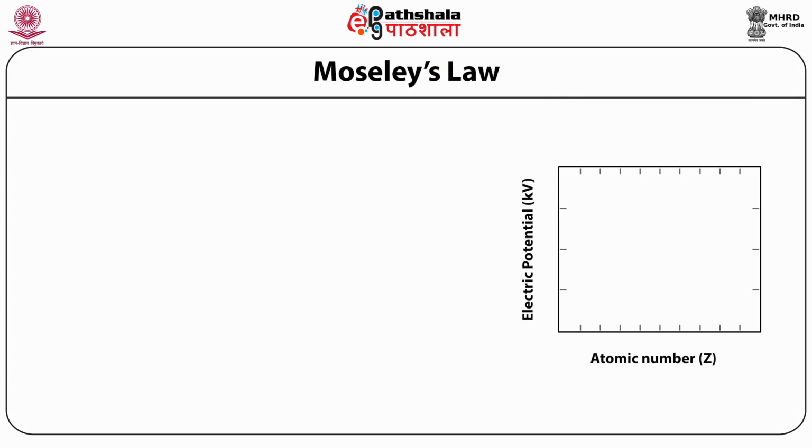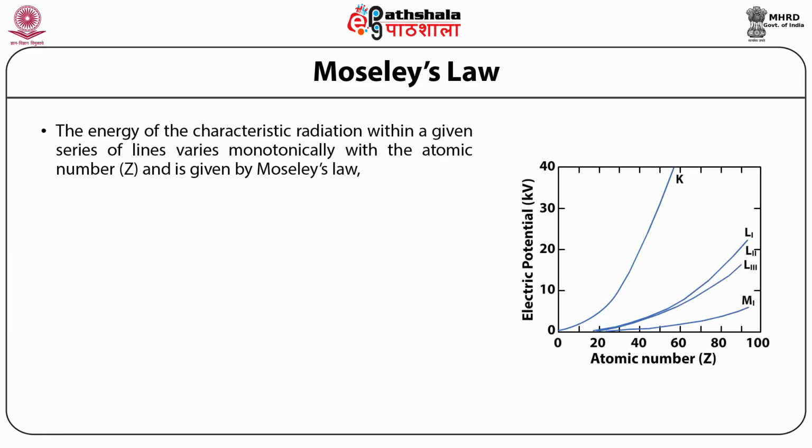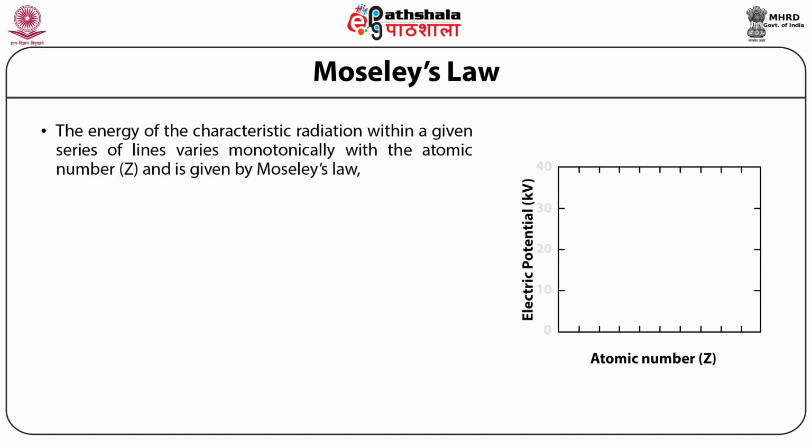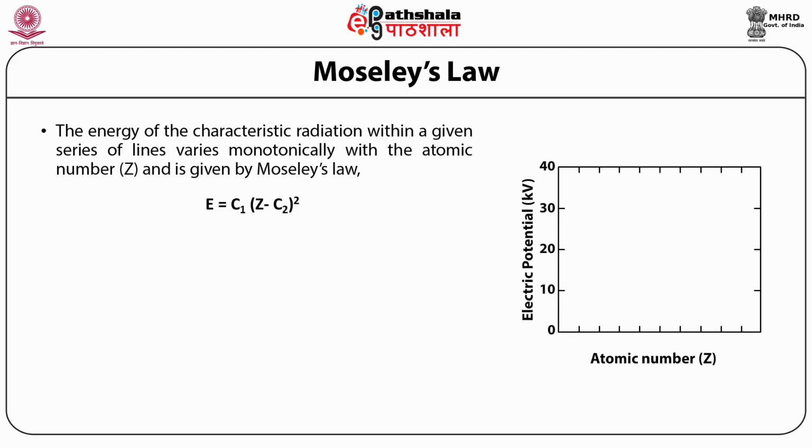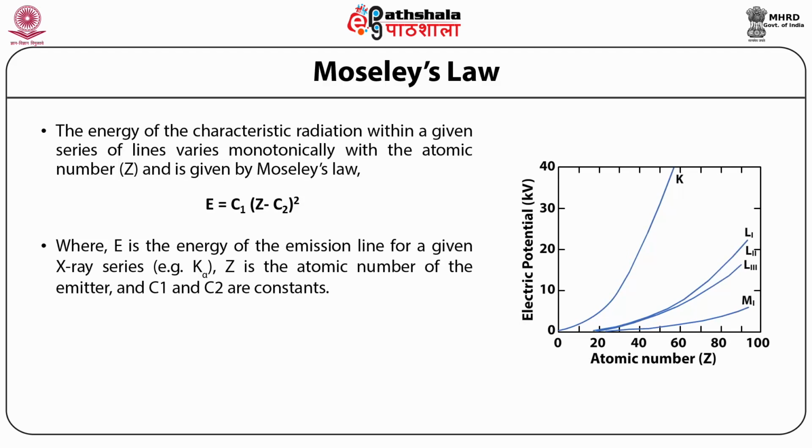Moseley's law. The energies of the characteristic radiation for a given series of lines vary monotonically with the atomic number Z and is given by Moseley's law as E is equal to C1 times Z minus C2, squared, where E is the energy of the emission line for a given X-ray series, that is K alpha, Z is the atomic number of the emitter, and C1 and C2 are constants.